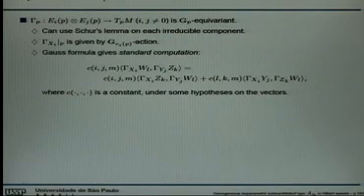And finally, I want to mention this standard computation, this complicated formula for gamma. There are some hypotheses on these vectors, indices, and so on. These C_ij, M, and so on are constants, which we can compute. And this imposes lots of restrictions on gamma. This formula essentially comes from the Gauss formula, I mean, the Gauss equation.